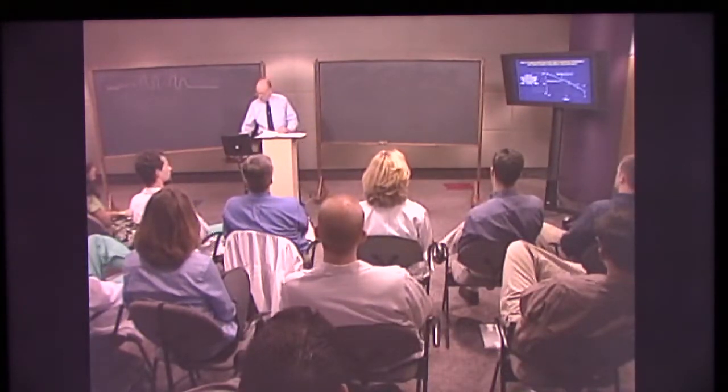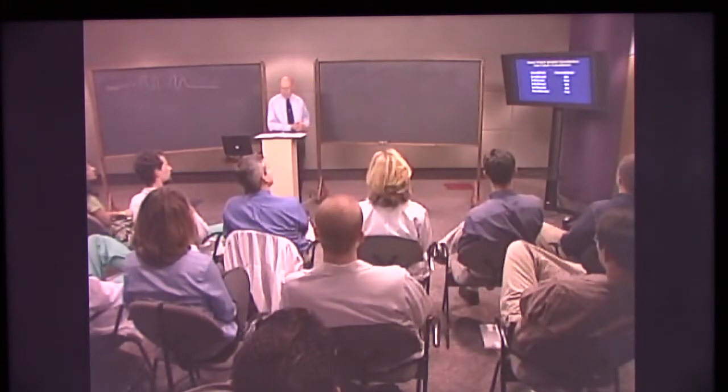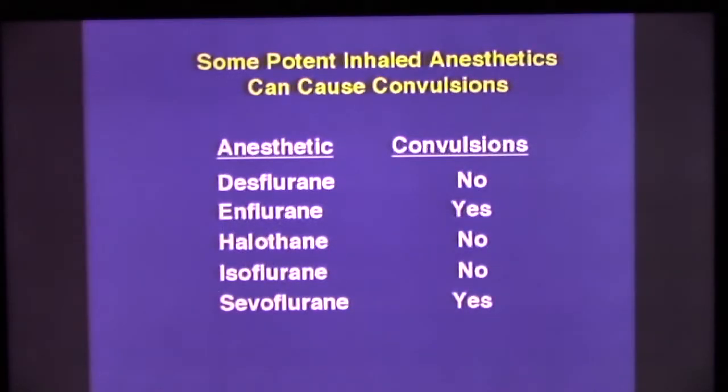Then we've got some other effects of anesthesia. We've already noted that some anesthetics produce convulsions. And these are which? Sevoflurane and enflurane. They're rare. They're infrequent. What precipitates them?